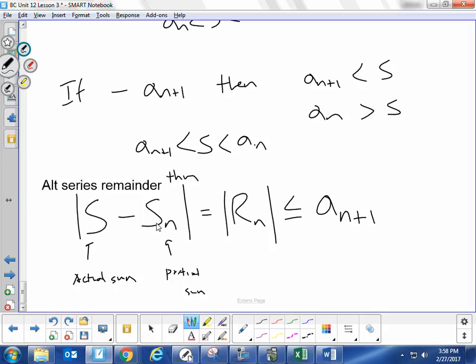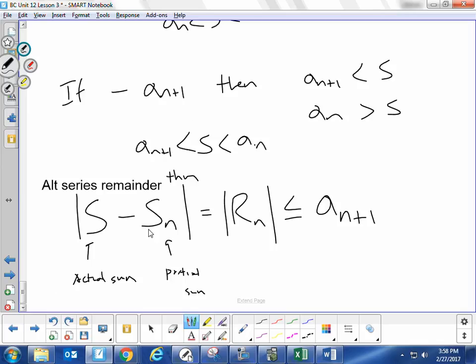And we do absolute values, that way we talk about just positive remainders and positive differences. We know the actual value is going to be in between your previous one and the next one, whether the previous one is less than and the next one is greater than, or vice versa.